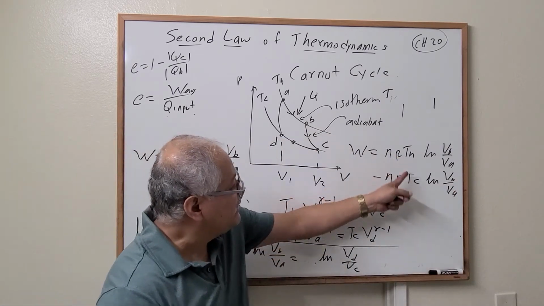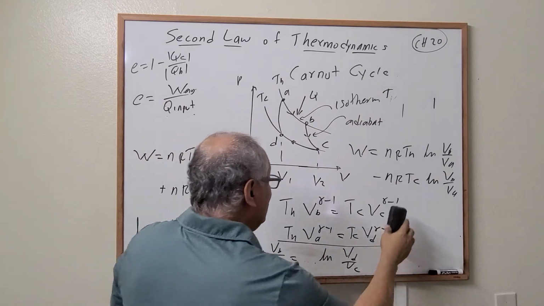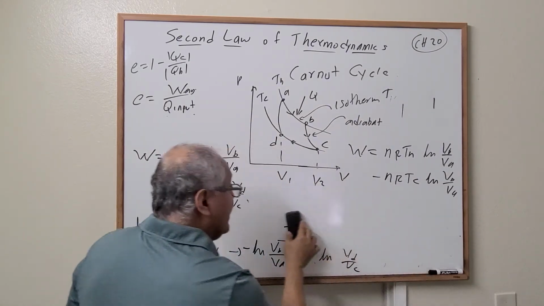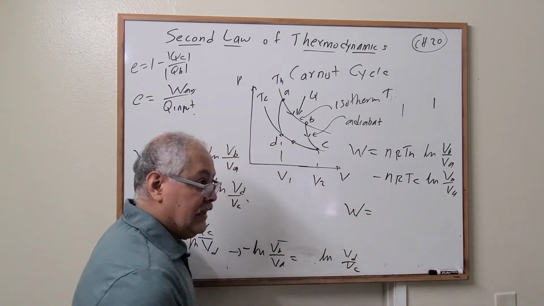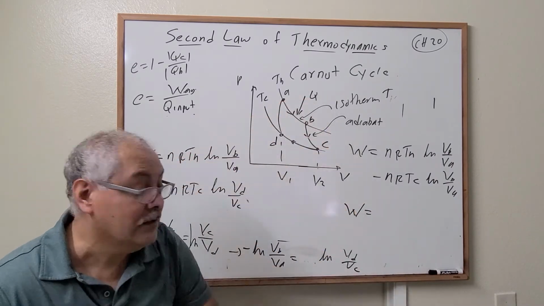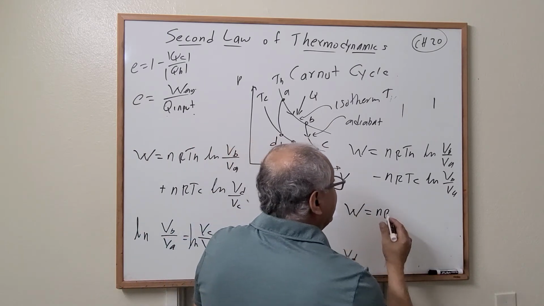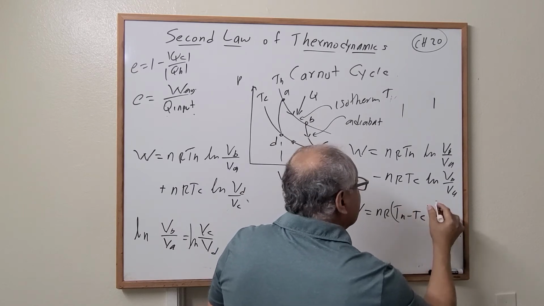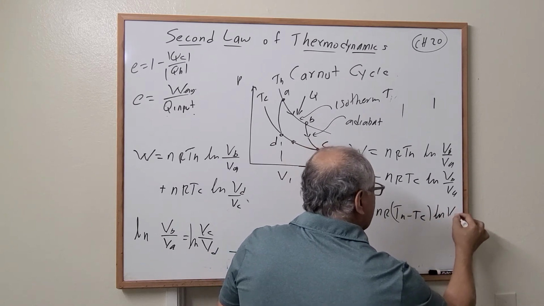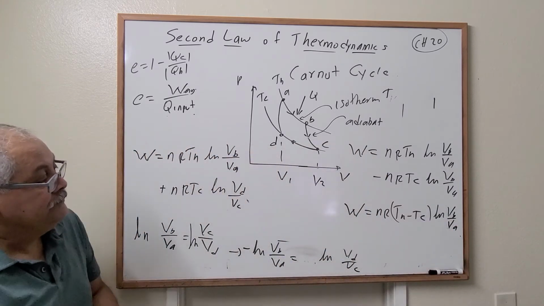Now these two quantities can be rearranged in this way. Perfect. Now what do we have? Well, the net work done for this Carnot cycle is equal to nR(T_H minus T_C) times ln V_B over V_A.